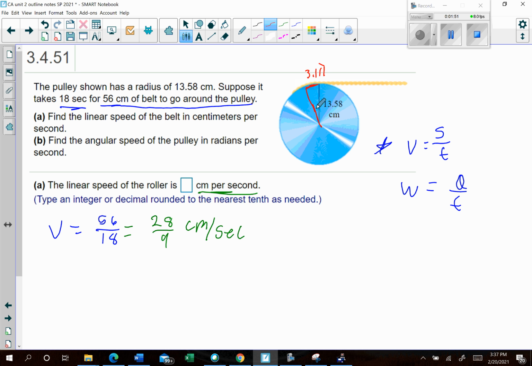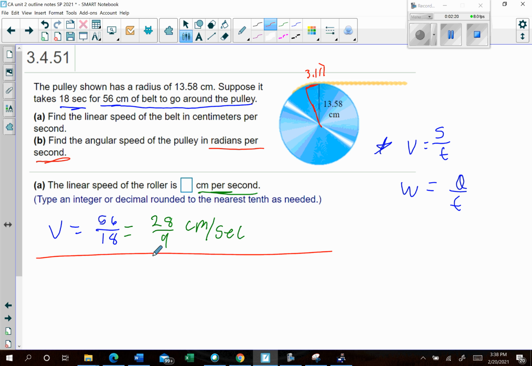And so if we could figure out the size of that angle, that's how big the angle is as this turns per second. Every second that goes by, this is the size of the angle I have in my picture right here. If I could figure out the size of that angle, I would have my angular speed in radians per second, because my arc is already per second.